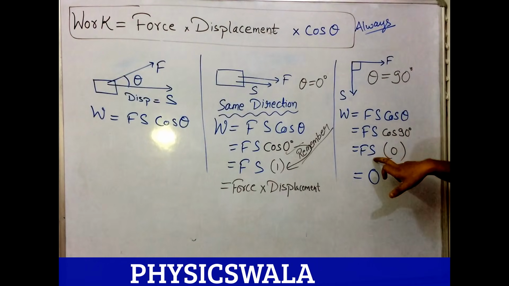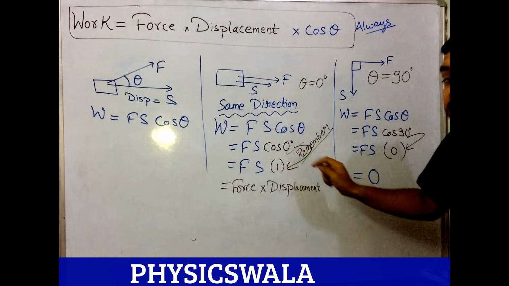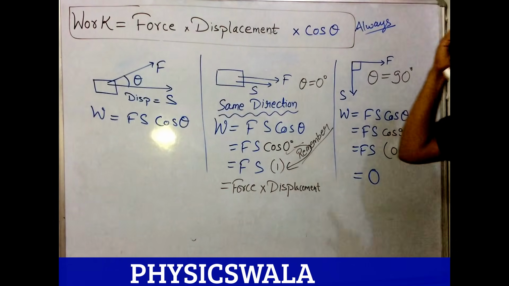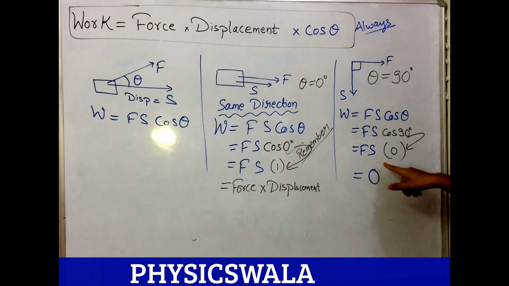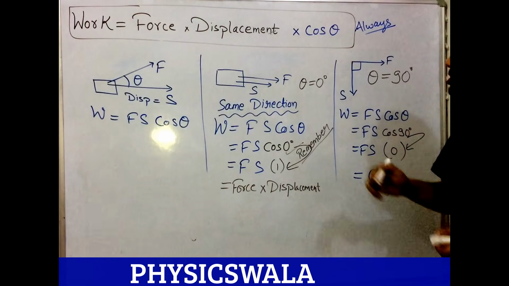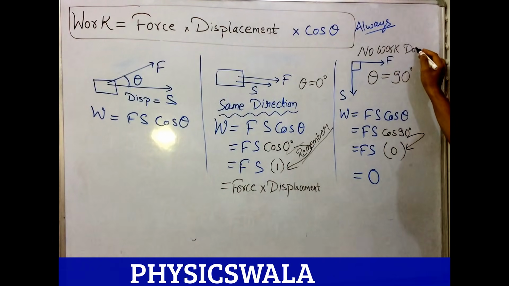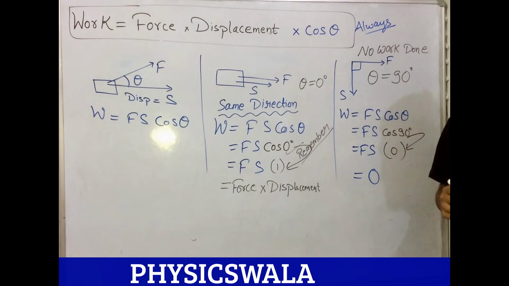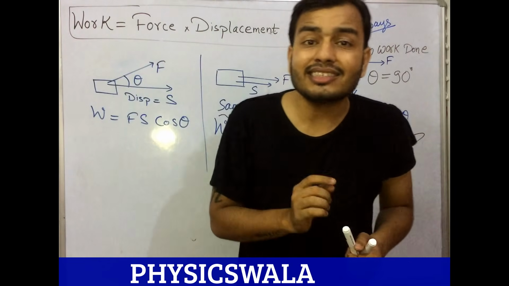Cos 90 has value 0. Cos 0 has value 1 and cos 90 has value 0. So force into displacement into 0, and work comes out to be 0. So we can say no work is done. Whenever force and displacement are perpendicular, no work is done.